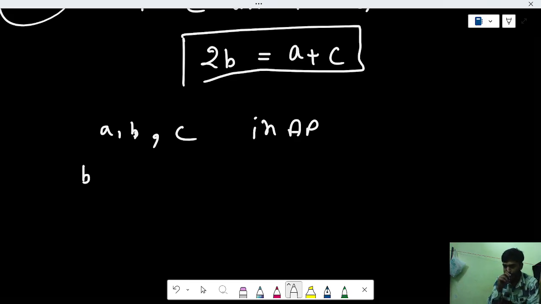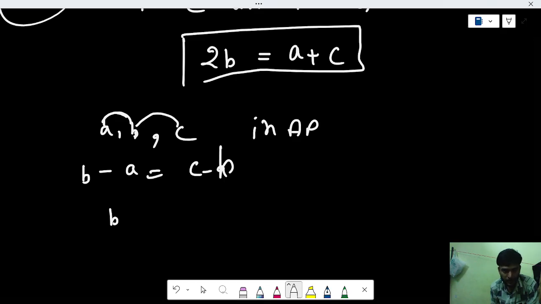So B − A = C − B, and now we can simplify: 2B = A + C. Hence proved. This property is proved.